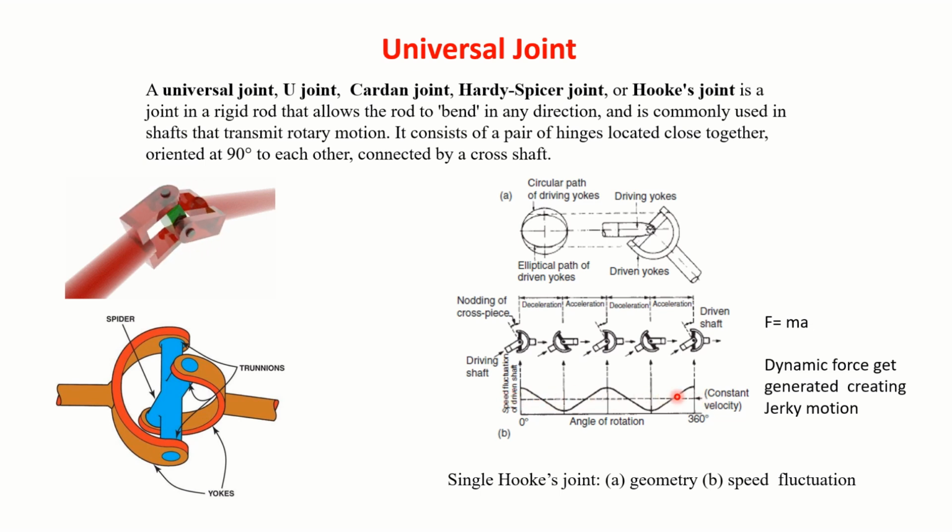This is a horizontal line. The driving shaft will be running at constant velocity, but the driven shaft, if you look at it, has a variation in its velocity, because it is following an elliptical path.